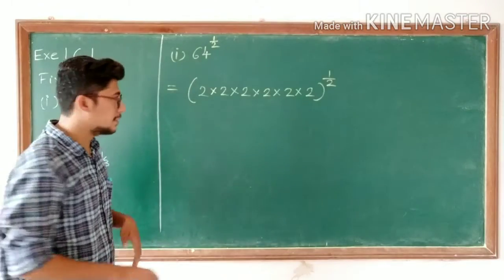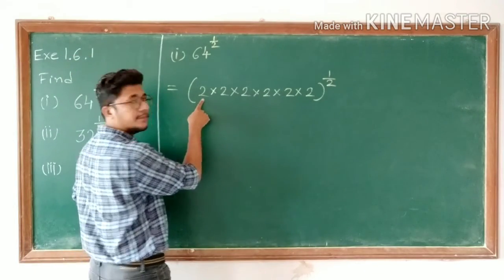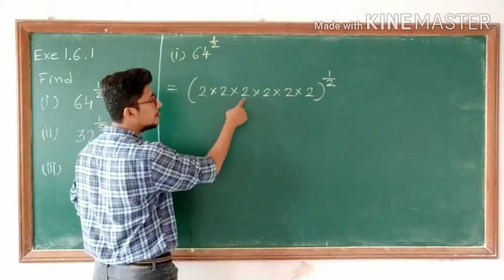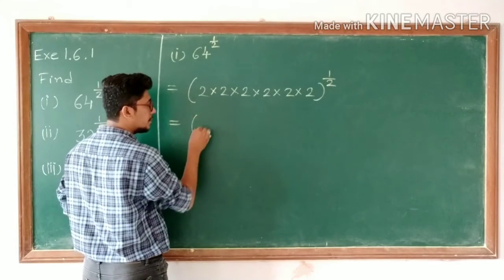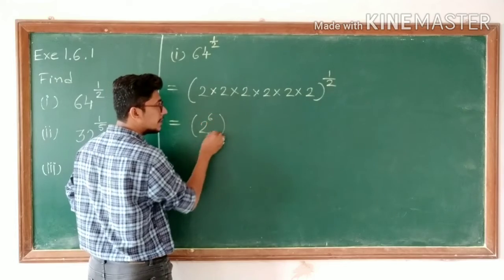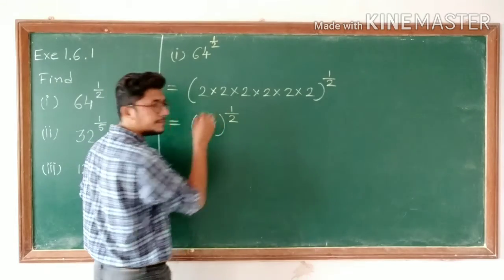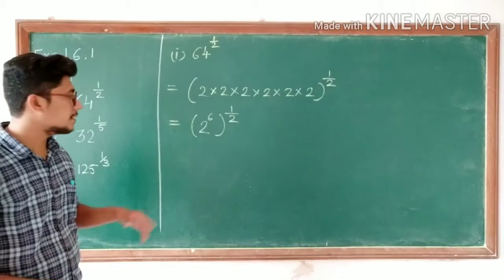Now how many times is 2 there? 1, 2, 3, 4, 5, 6. So can I write this as 2 power 6, to the power of 1 by 2? Yes, we can write like that.